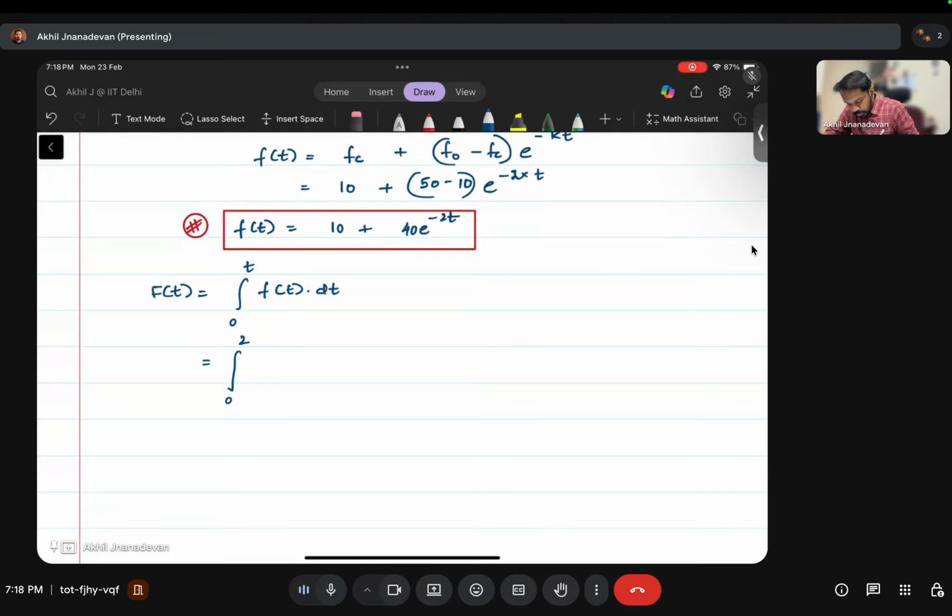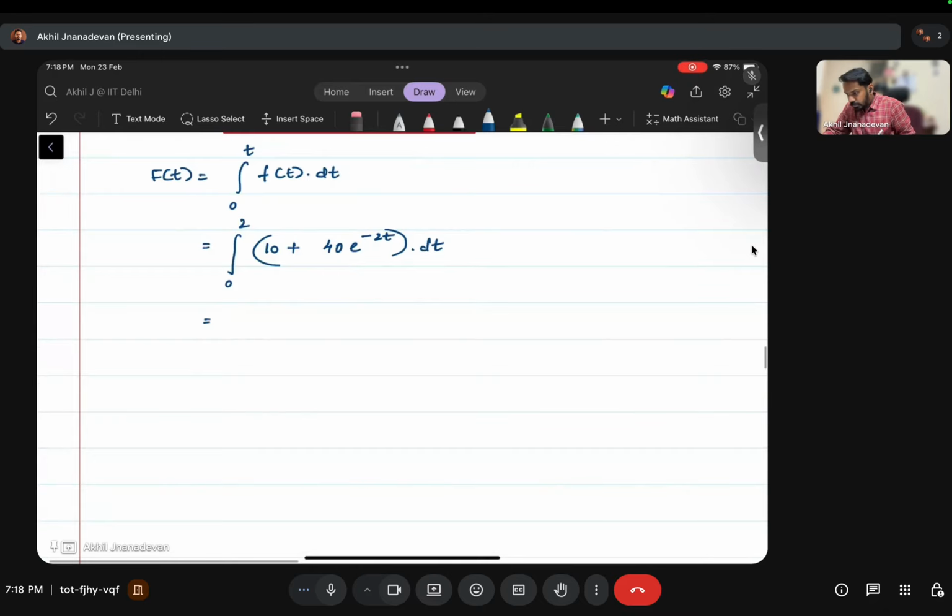With f of t equal to 10 plus 40 e raised to minus 2t, dt, if we integrate this we get 10t plus 40 e raised to minus 2t divided by minus 2, within the limits 0 to 2.